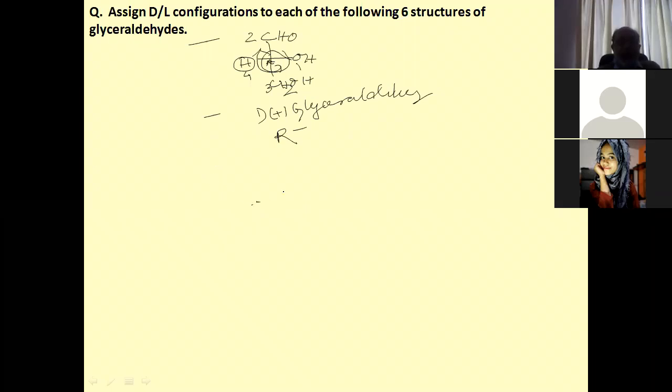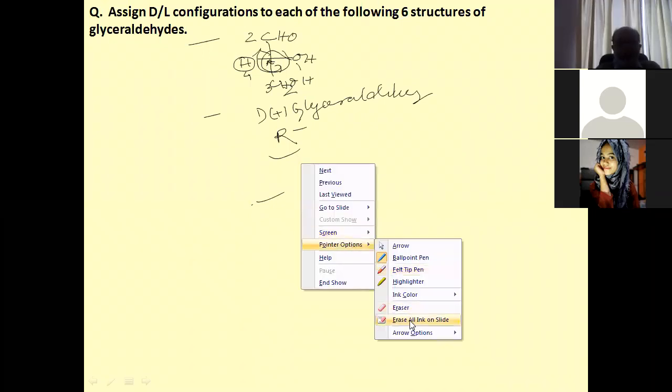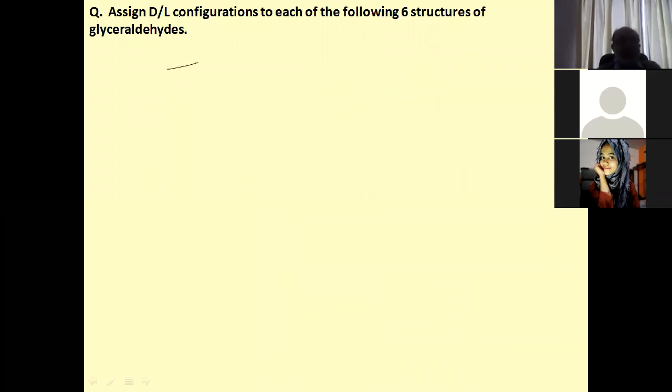When the molecule is R, that is your D plus glyceraldehyde. If it is S, this is going to be your L minus glyceraldehyde. Sorry, how can we get the plus and minus, meaning levo and dextrorotatory?